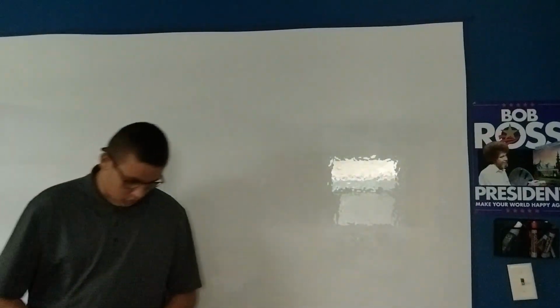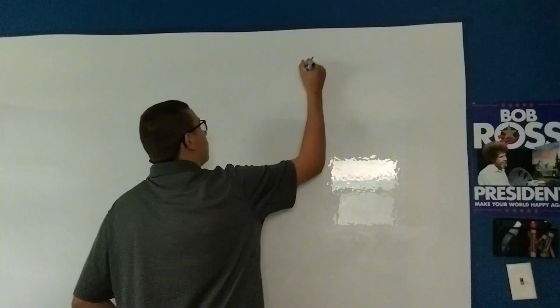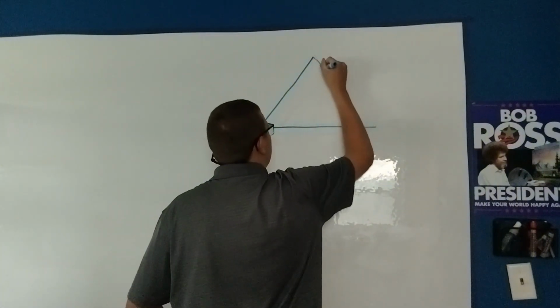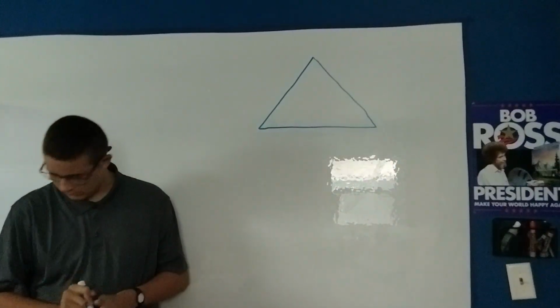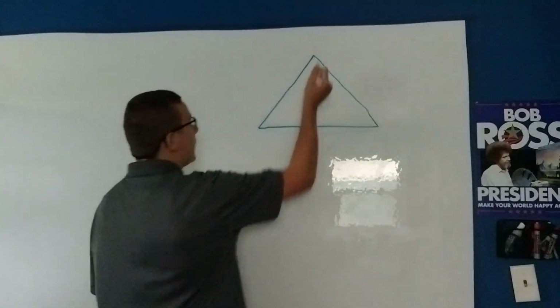Now we'll move to our acute triangle here. Like that. And we want the circle around the outside.